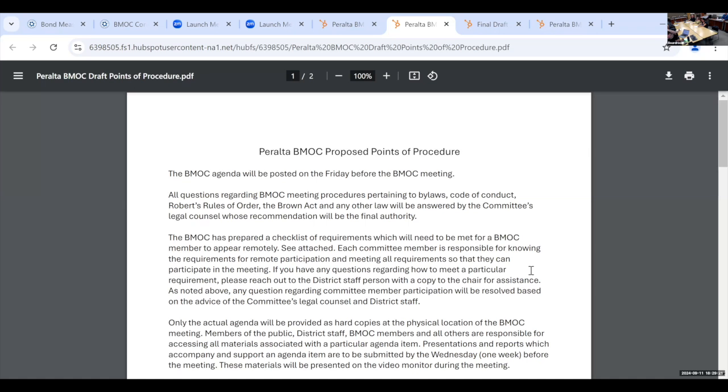I do think that Peralta has project labor agreements. And whether those project labor agreements are in the best interest of the public or not, we should discuss that. If the only issue of a project labor agreement is to make sure that there's never a strike, well, that's in the best interest of the school, the taxpayers, and the public.